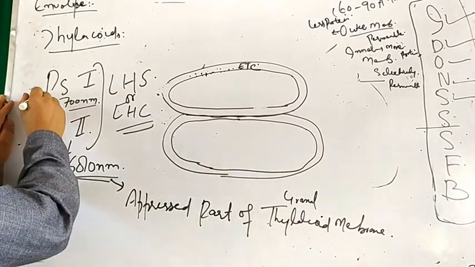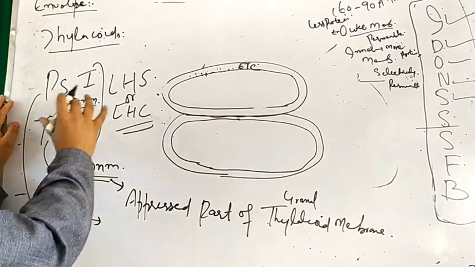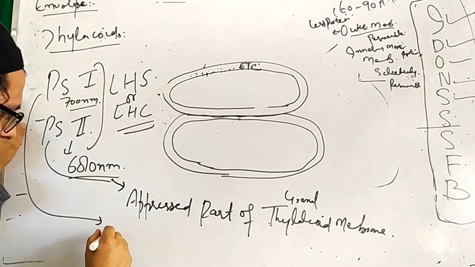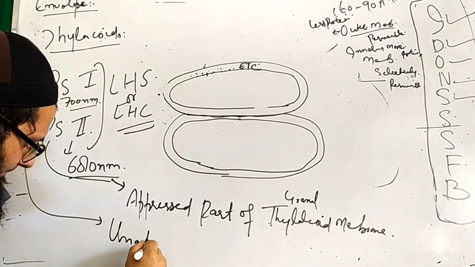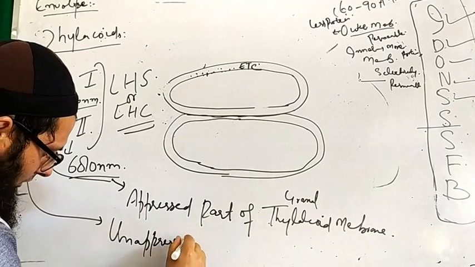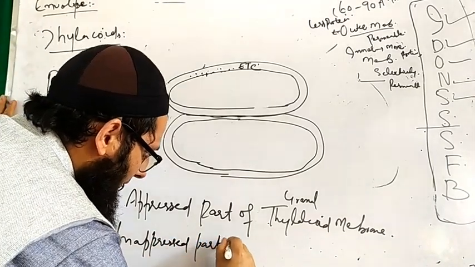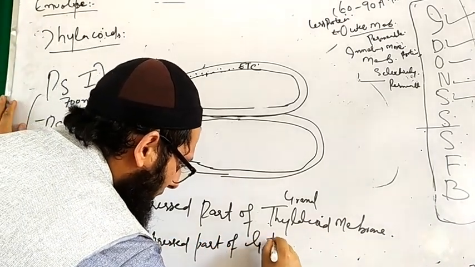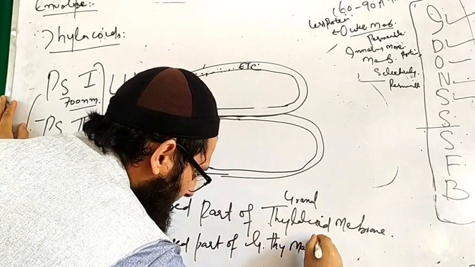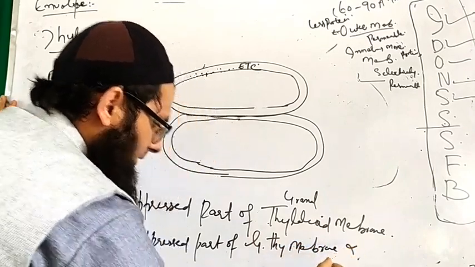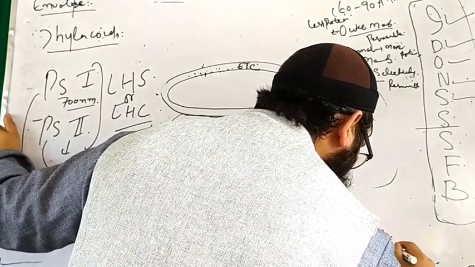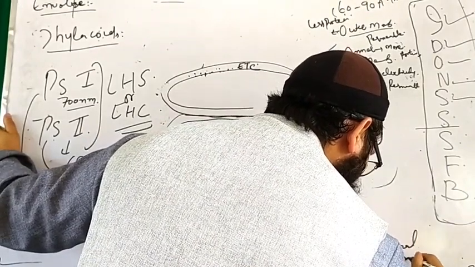PS first, where is PS 1 present? It is present at the unappressed part of granum thylakoid membrane and stromal lamellae.